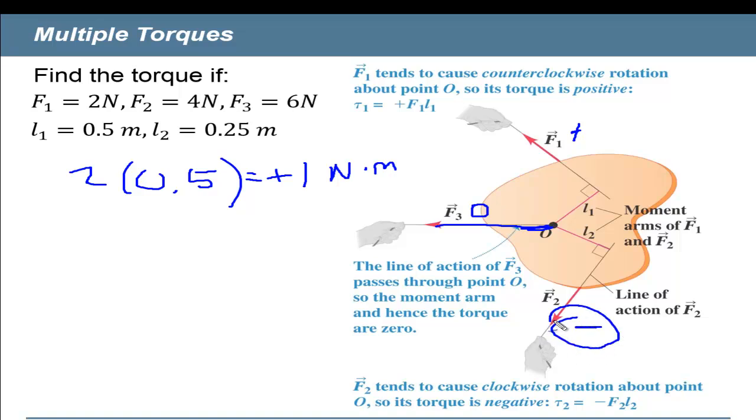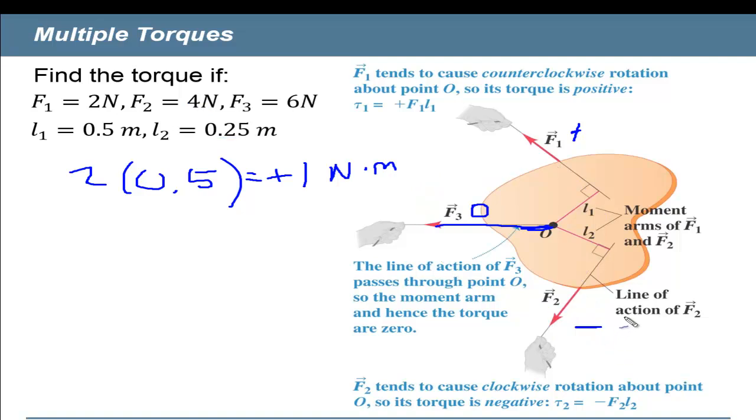You have to ask yourself which way it's rotating, and then apply a sign, positive or negative, accordingly. Just like we did with work, when displacement was either in the same direction or opposite direction as the force, we need to do the same type of analysis with torque as well. So we have 4 newtons applied at a moment arm 0.25 meters away, and it causes a clockwise or negative rotation. So this will be a negative 1 newton meter.